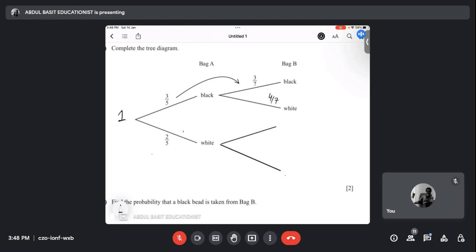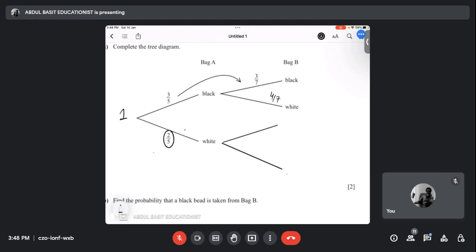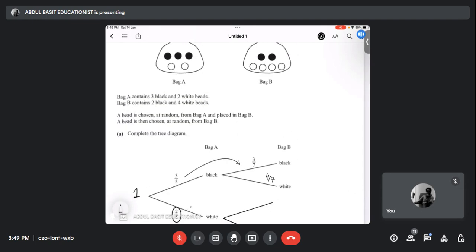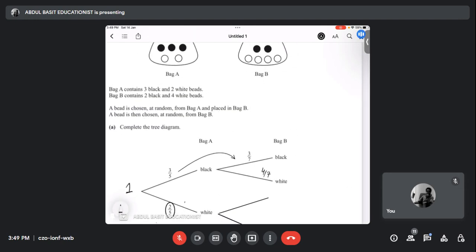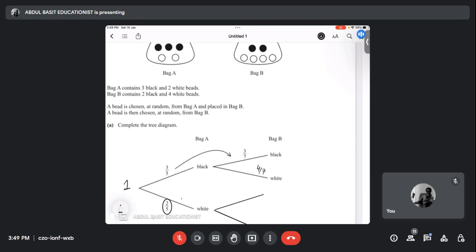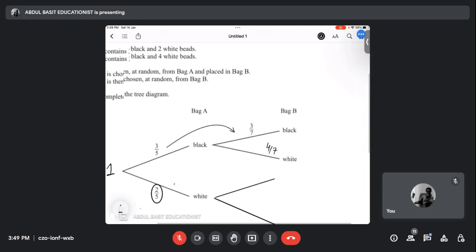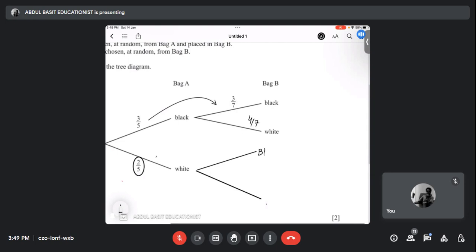Now, in the second step, if I picked 2 out of 5 white beads, you can see that there are 2 white beads in bag A, and I'm placing the white bead in bag B. So that portion will be for the black, and that portion would be for the white. So 2 out of 5.